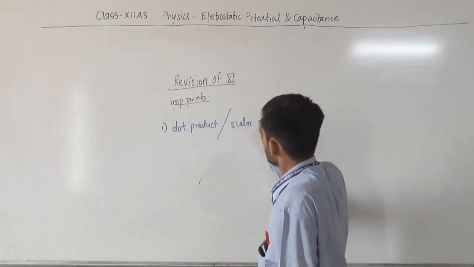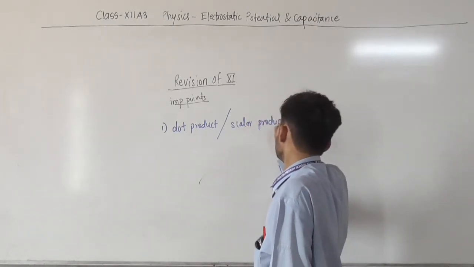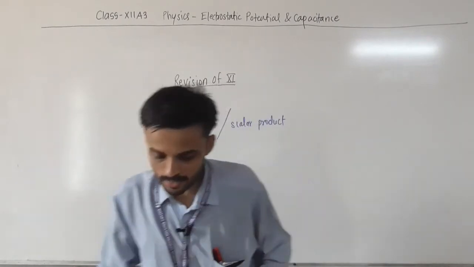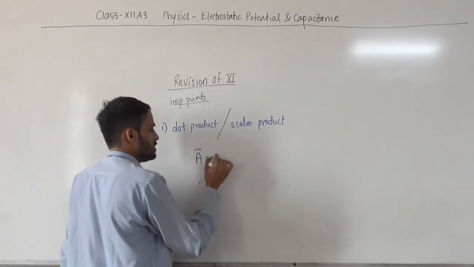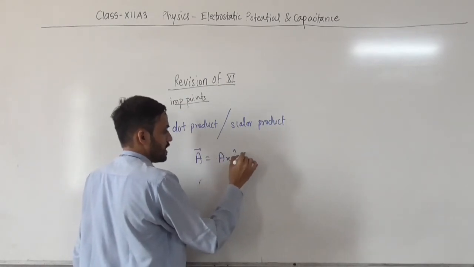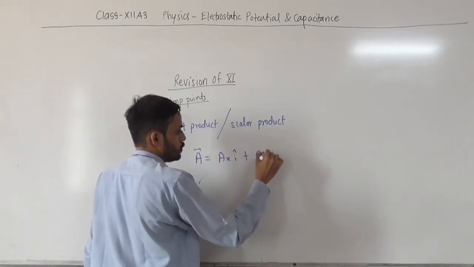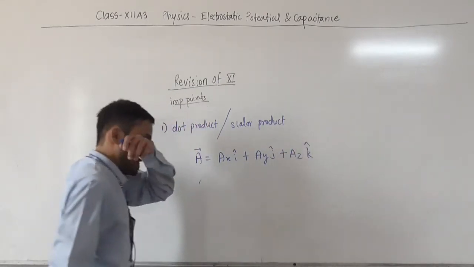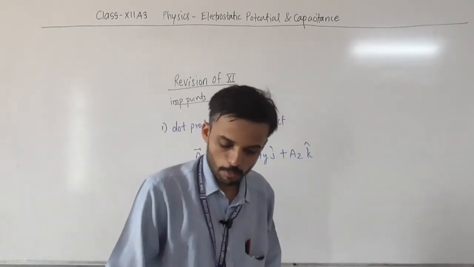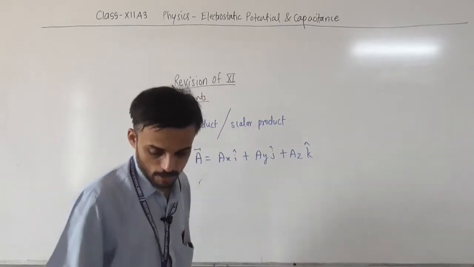Those who have not done it in 11th should at least do it now. Suppose A is given as AX into I cap plus AY into J cap plus AZ into K cap. AX is the X component, AY is the Y component, AZ is the Z component.